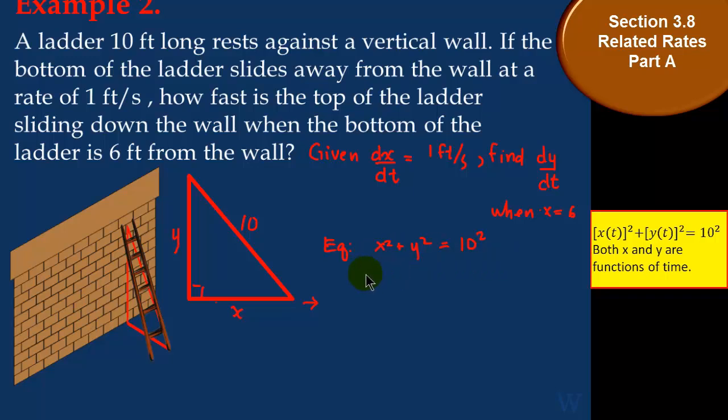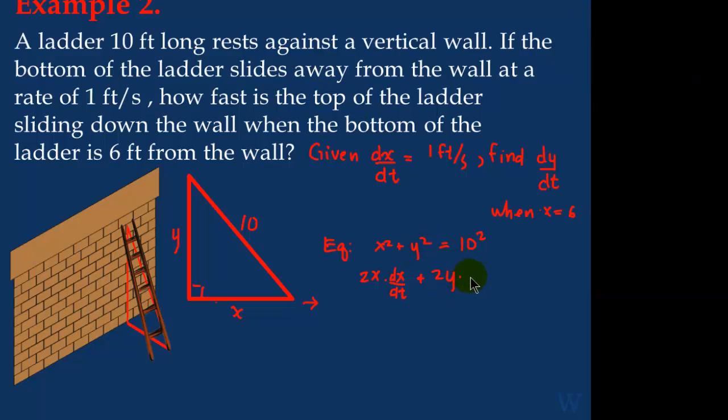Differentiate x squared, we get 2x, and we don't stop there because x is a function of time, so times dx by dt, plus 2y times the derivative of y with respect to time, and of course the derivative of a constant is 0.